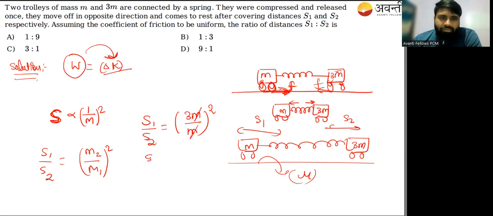M and M will cancel out. So S1 and S2 will be 9 by 1. Option D is the correct one.